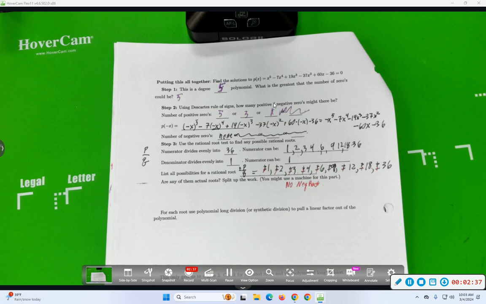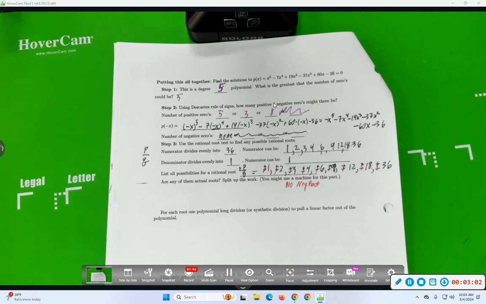Use a machine if you like. In fact, you definitely should use a machine, especially to plug in like 18. The numbers will get too varied. 3 and 12. 4 and 9. And I guess that means that I should do 6 myself.